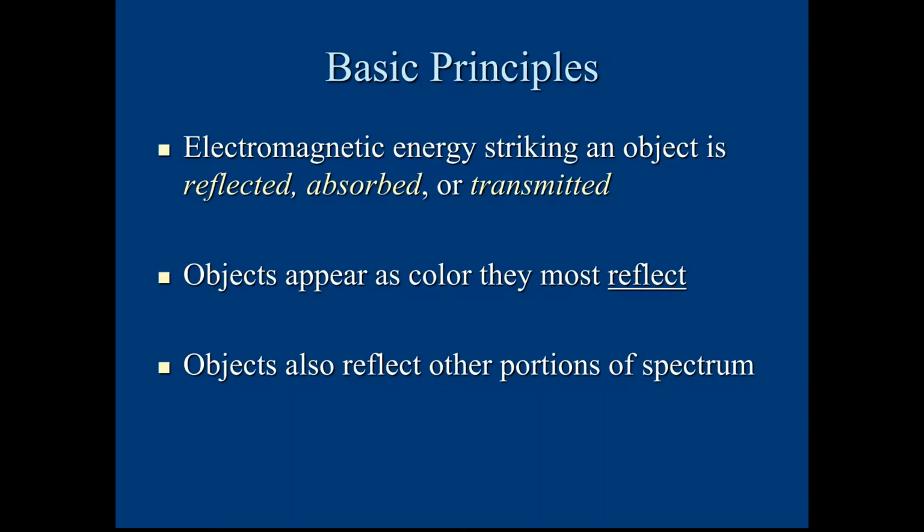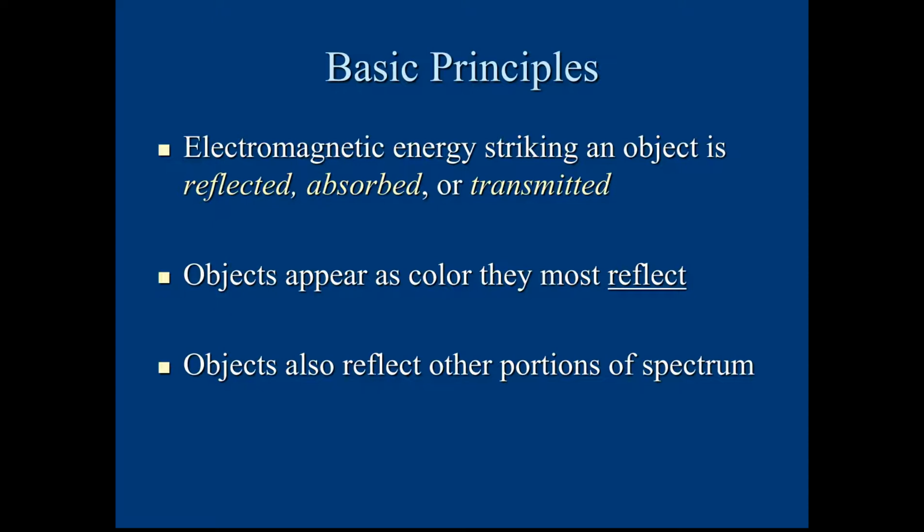So just as a few reminders on some of these basic principles: electromagnetic energy striking an object is either going to be reflected, absorbed, or transmitted every time. These are key things to remember about electromagnetic energy and how it affects what we're doing here in remote sensing. Do know that objects appear as the color they most reflect.